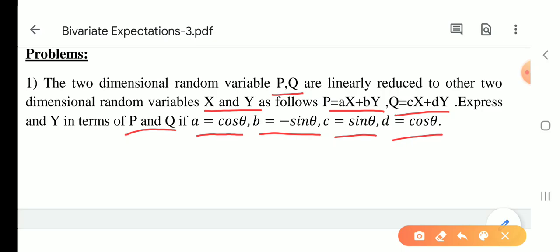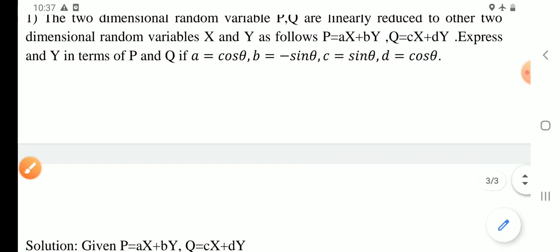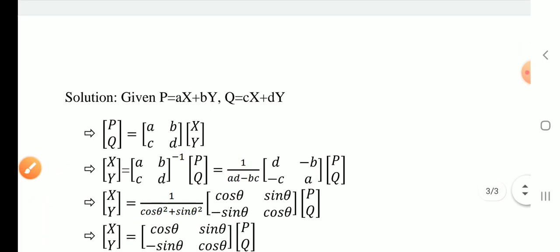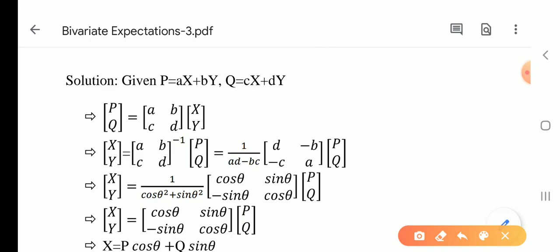So here now these two equations are written, P and Q in terms of X and Y. According to the question, we have to write X and Y in terms of P and Q, a linear combination of P and Q. Let us see how this can be done. Take the two equations: P is equal to AX plus BY, Q is equal to CX plus DY.